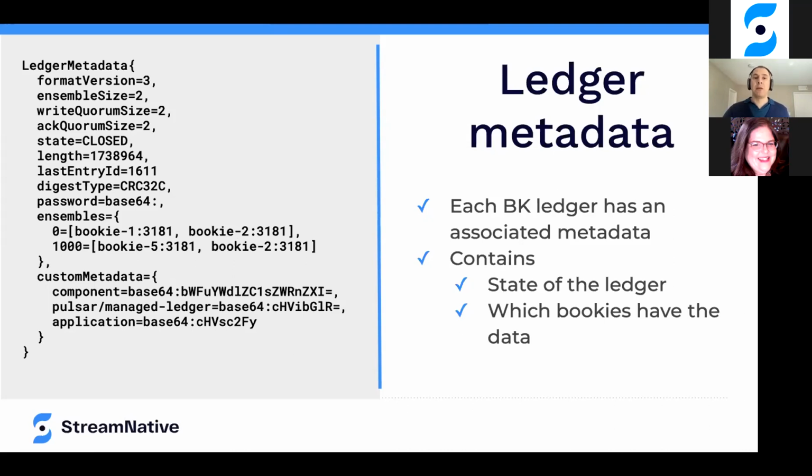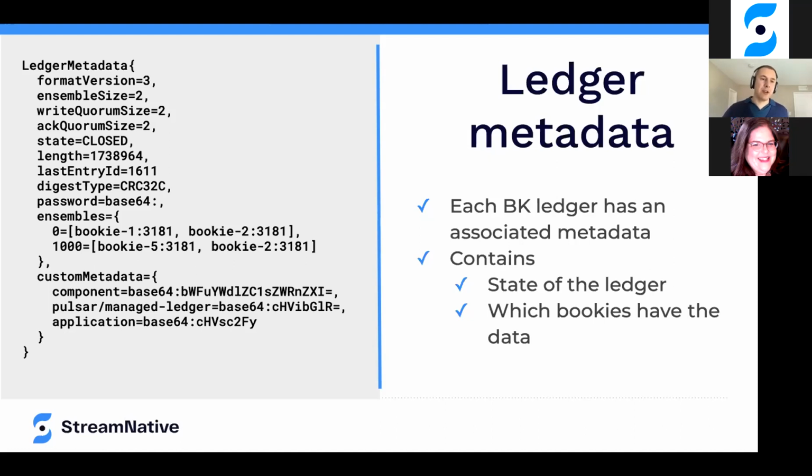So I can read from either one of them. I can try from bookie 1. If that fails, I can try to read from bookie 2. At the same time, if I'm trying to read entry, say 1500, which is past 1000, in this case, this entry will be found either in bookie 5 or bookie 2.